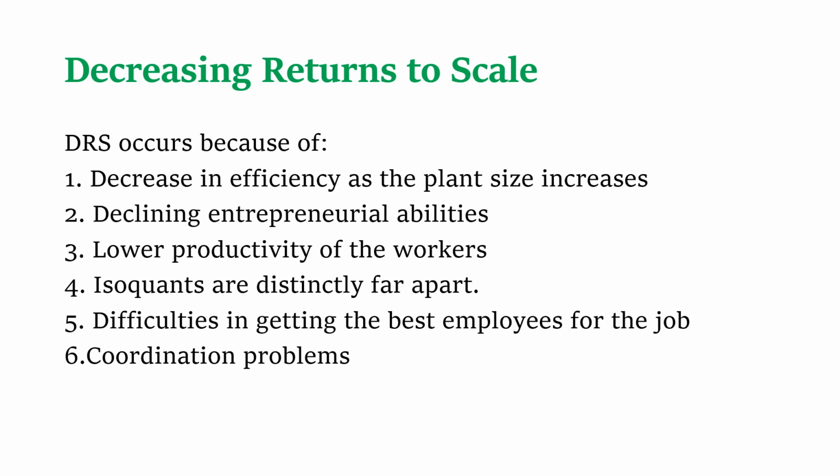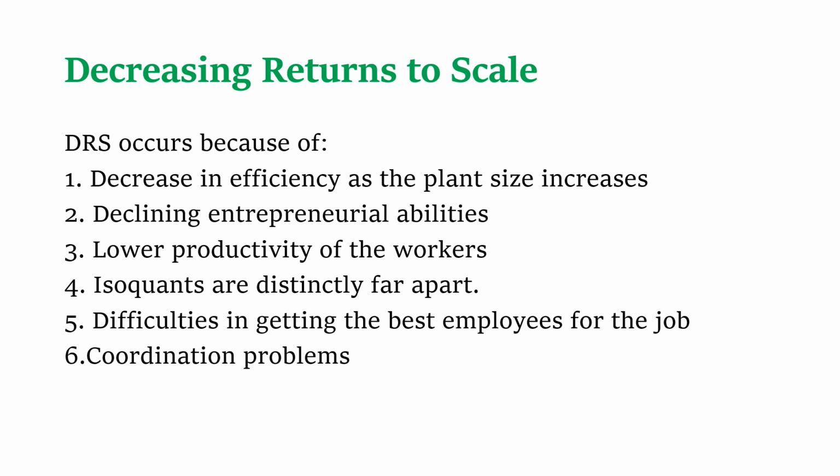Okay, and then the isoquants here are far apart. They are distinctly far apart. They are not very close, like in the case of increasing returns to scale. Again, there will be tremendous difficulties in getting the right employees for the job.